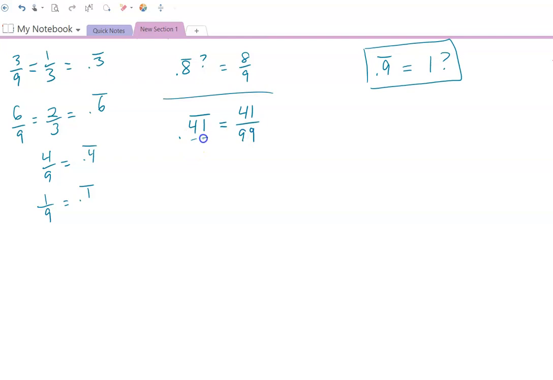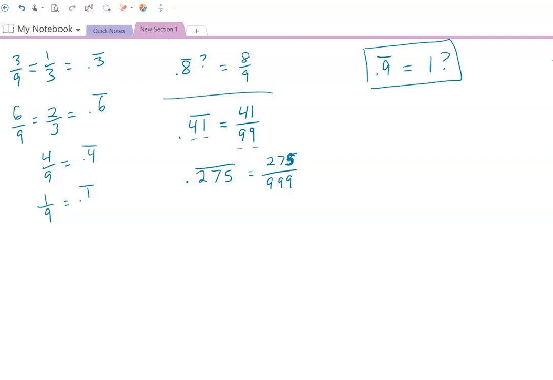Because I have 2 digits that are repeating, I put it over 2 9s. Or if I have another one, let's say 0.275 repeating, I can write that as 275 over 3 9s because there's 3 digits that repeat.